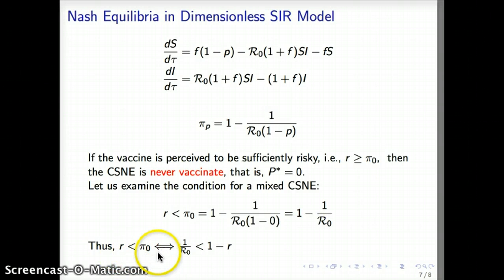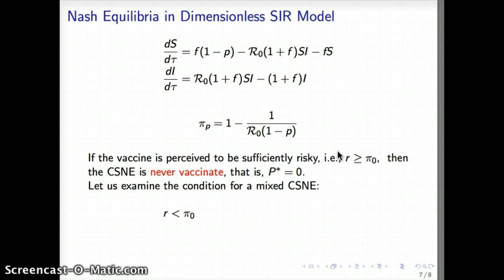Before we continue, the previous case, an equilibrium that neglects vaccination, holds under the condition that the relative risk exceeds the probability of infection when no one is vaccinated.